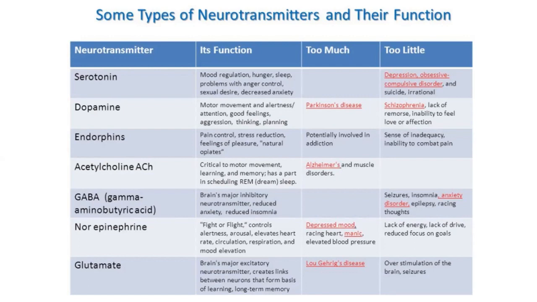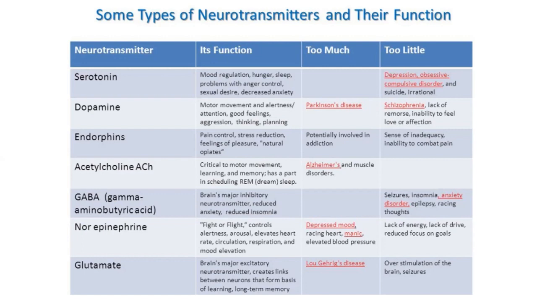If it is too low, it can lead to depression, OCD, suicide, or irrational thoughts maybe. Dopamine, its function is motor movement, alertness, attention, good feelings, aggression. If it is too much, it can cause Parkinson disease. If it is too little, it can cause schizophrenia or inability to feel love or affection.